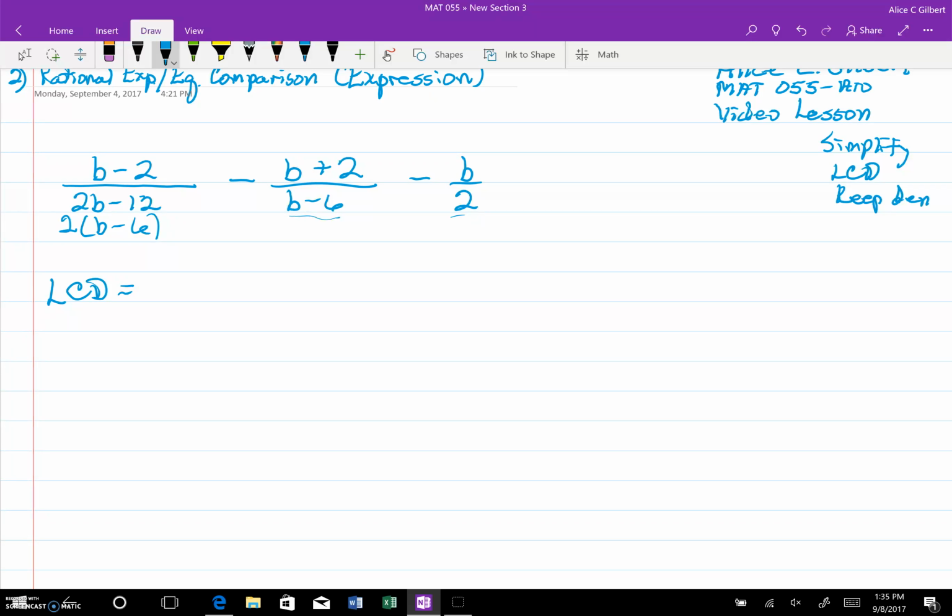So now I'm going to go back to the expression, and this is how we do this now. Okay, first I'm going to write the first term exactly like it is with the denominator in factored form, and then I'm going to look at it and say, what do I need to multiply with this to get all of our LCD?